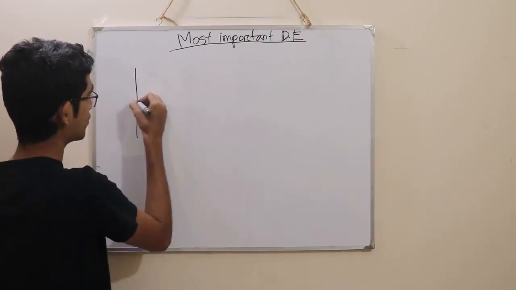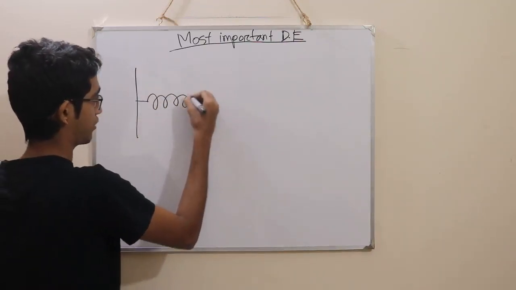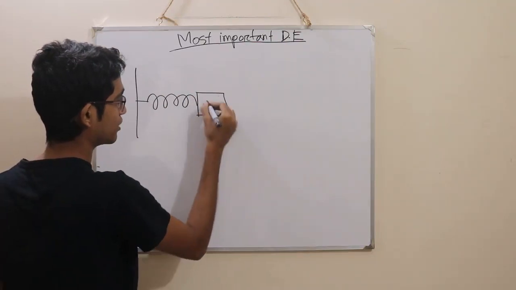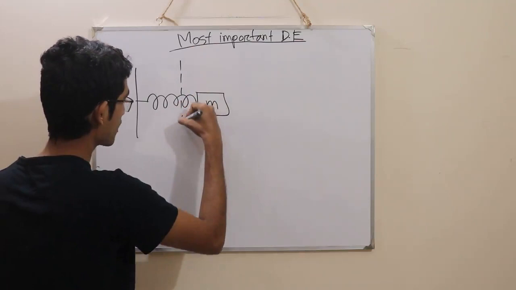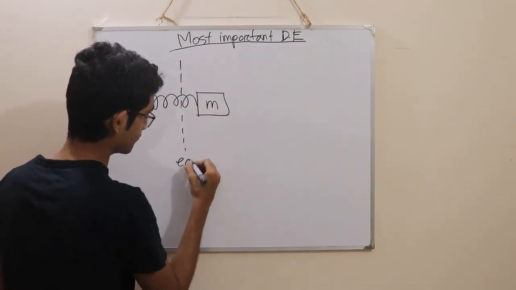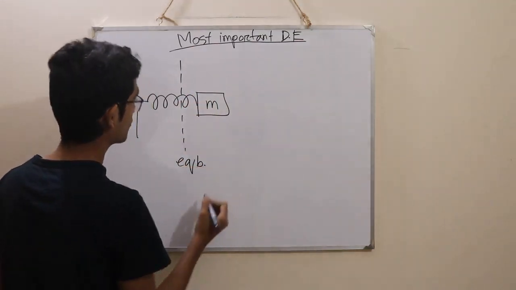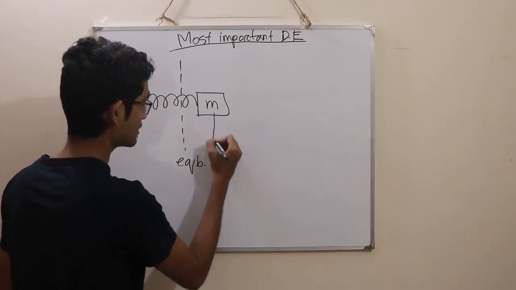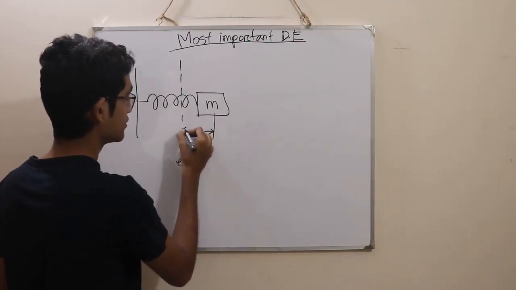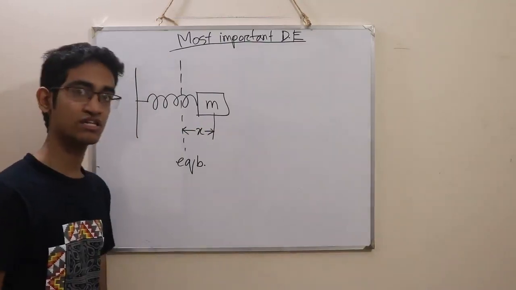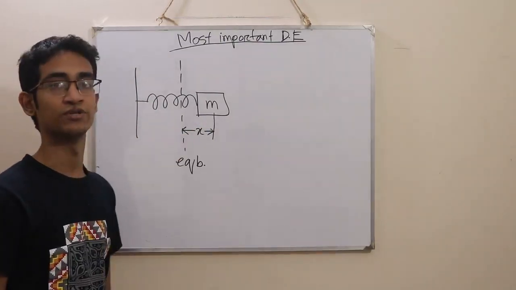So let's draw a spring, and there is a body of mass m connected to it. Let's say this is the equilibrium position of the spring, and the mass is displaced to a distance of x from the equilibrium.